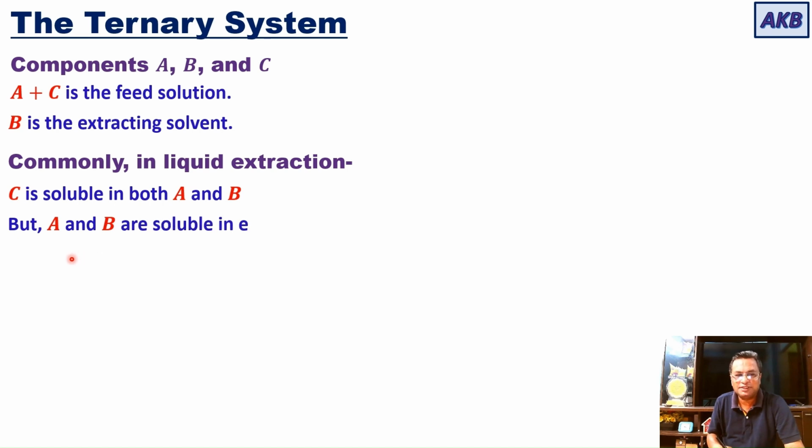But in this case, and which is very common in liquid extraction, A and B, these two are also soluble in each other, but only to a limited extent. So we are considering a ternary system of three components, A, B and C, out of which A and C form the feed solution and B is the extracting solvent.